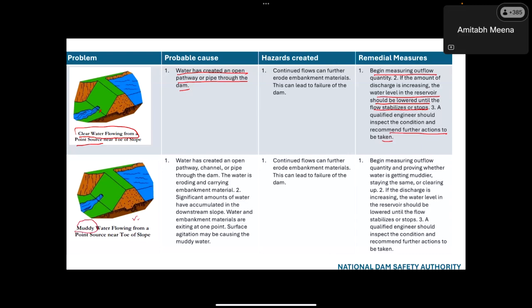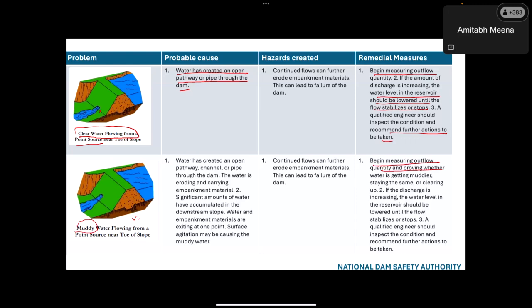Again, it is written that we should begin measuring the outflow quantity, and measurement is very important, because the water flow from the piping hole is a very subjective thing. Some may say very huge water is coming. For somebody else, it may appear very little water is coming.